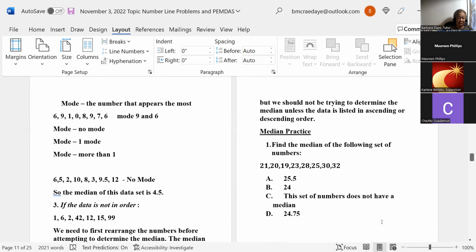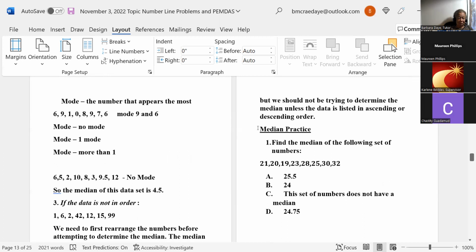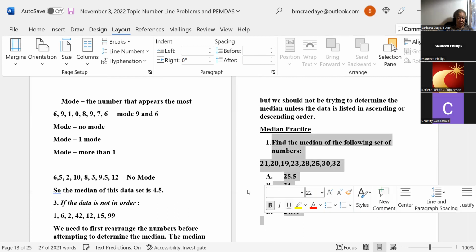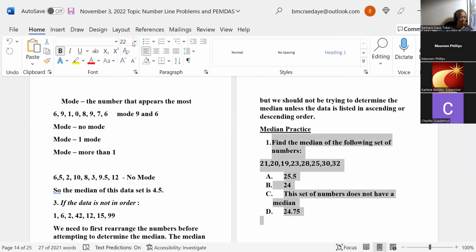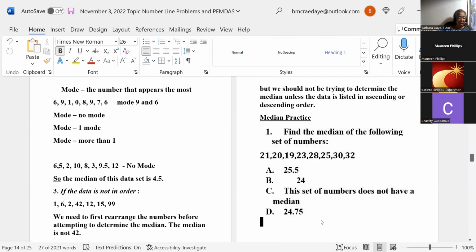Okay, here we go. Median practice. Find the median of the following set of numbers. Let me make that bigger. Maureen, you work on that one. The choices are 25.5, 24, 32, does not have a median, and 24.75.